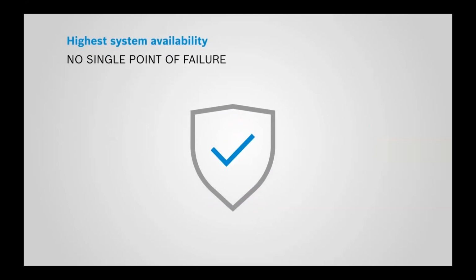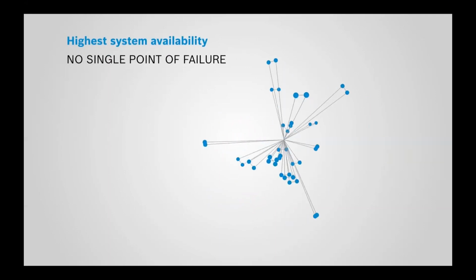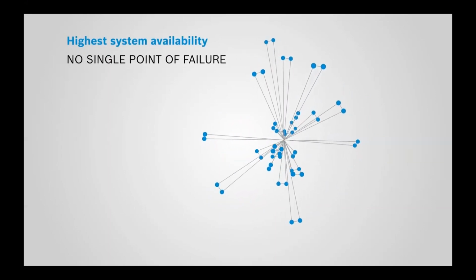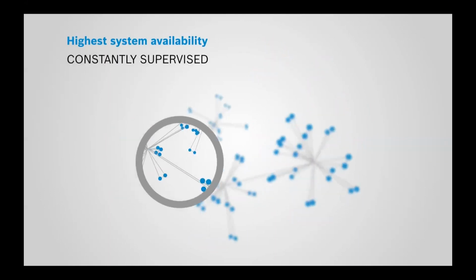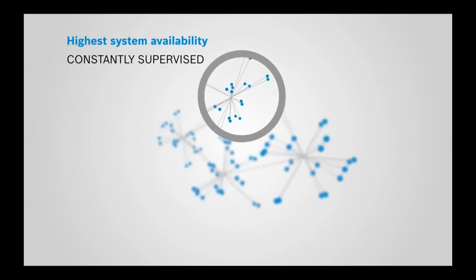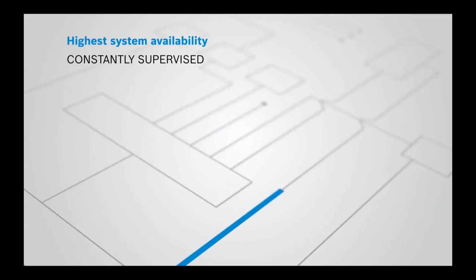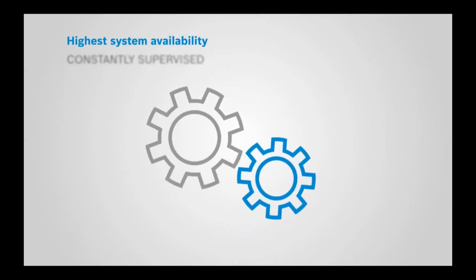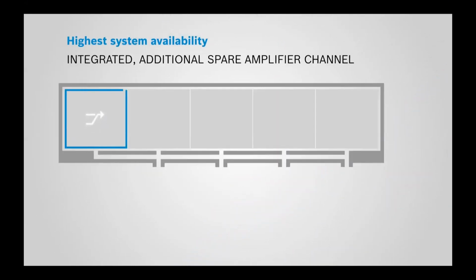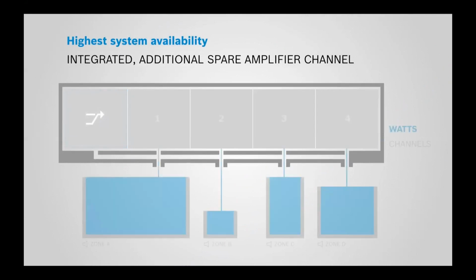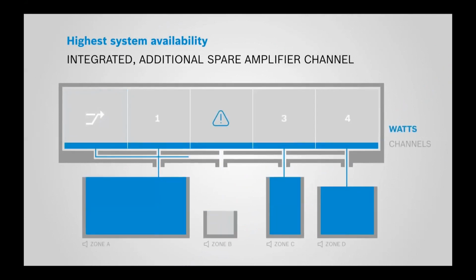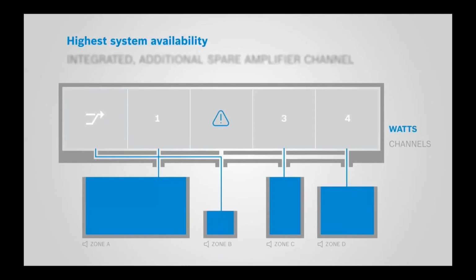Presensa gives you robust and comprehensive security with a design created to ensure no single point of failure. All devices and network connections on the system are constantly supervised, as are critical signal paths and functions. In the case of a failing amplifier channel, there is an integrated additional spare amplifier channel which will automatically take over.